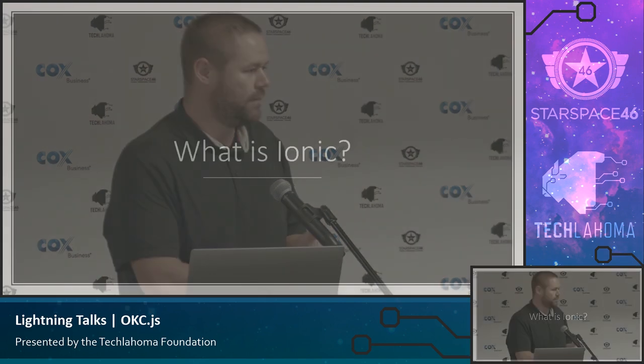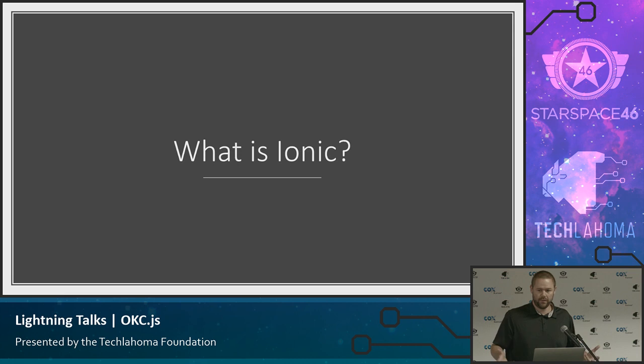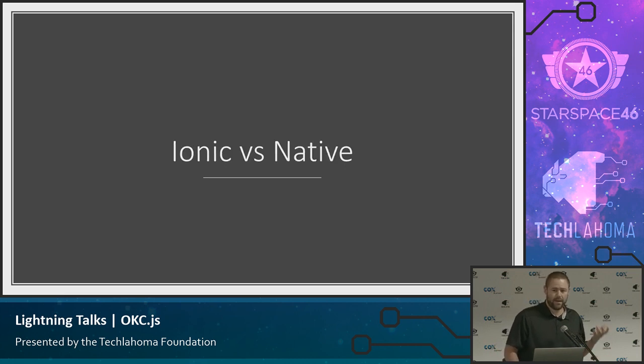So first off, what is Ionic? Ionic is a framework that lets you build apps from one code base that is HTML, CSS, and JavaScript, and then it builds out versions of each. So it is different from native apps, and it's important to talk about the differences up front so you can identify if it's something that you could use. The main difference is Ionic has a web browser that it pops up, and then it emulates everything inside of that to look like a mobile app.